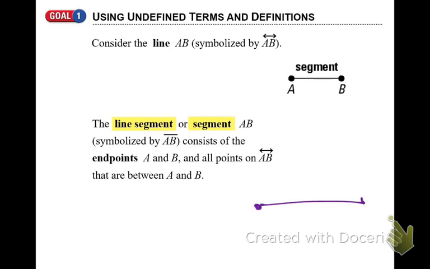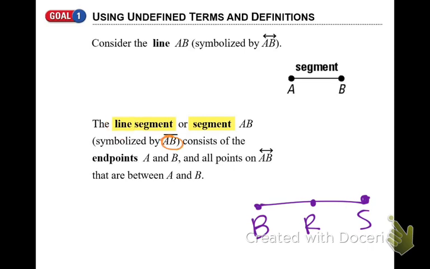Give me 3 letters. Go. Not ABC, that's boring. B, R, S. So if I wanted to name the entire line, remember this is a line segment. How many letters do we use to name a line in general? 2 letters.